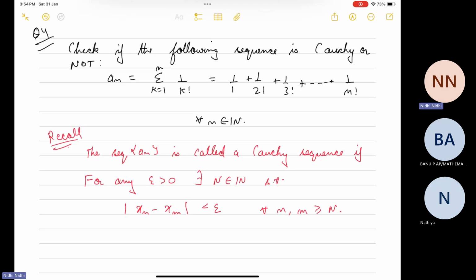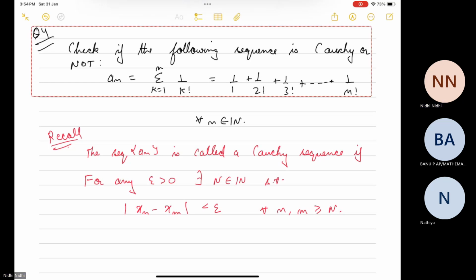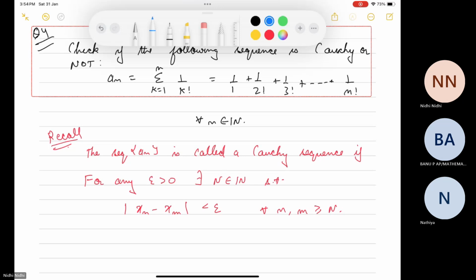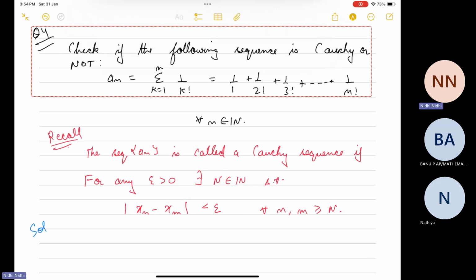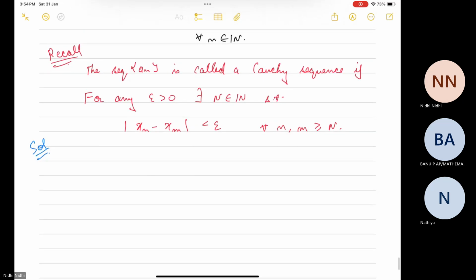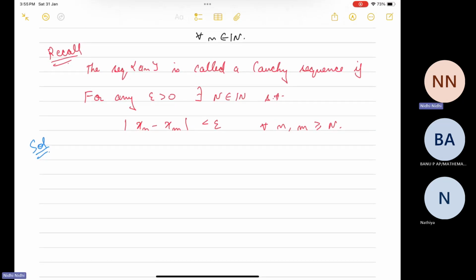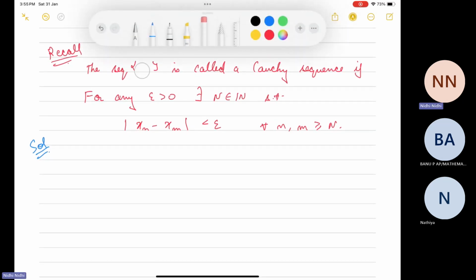That's what we mean by a Cauchy sequence. So now we'll see whether the above given sequence is Cauchy or not. Solution.